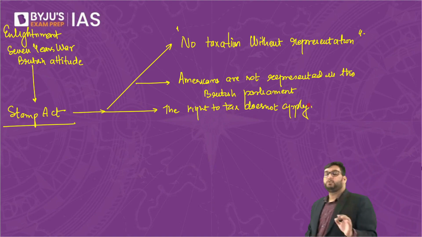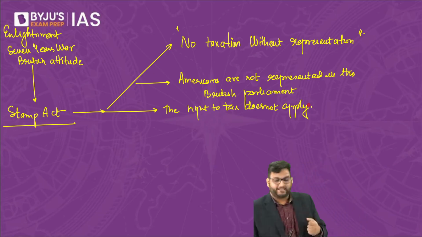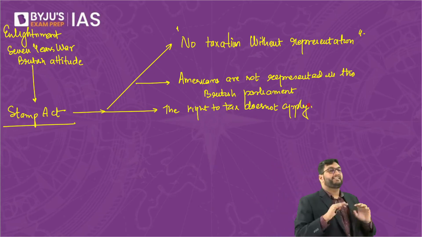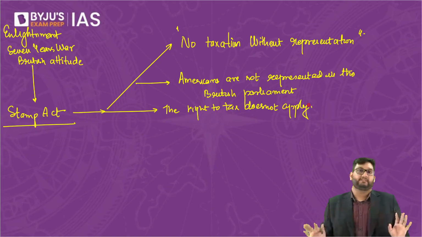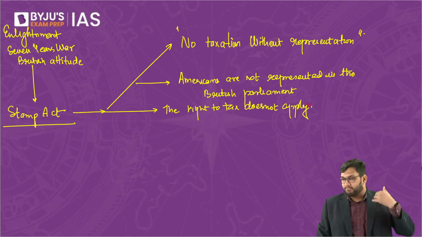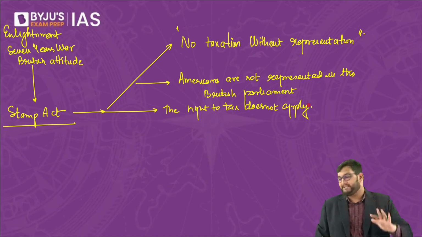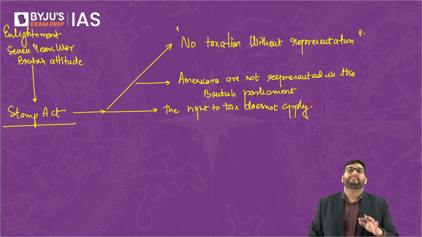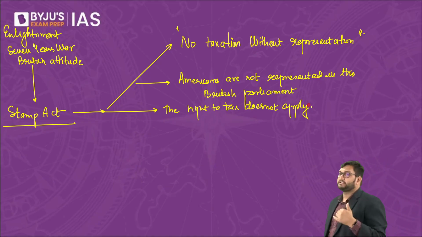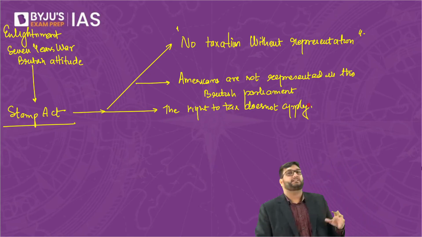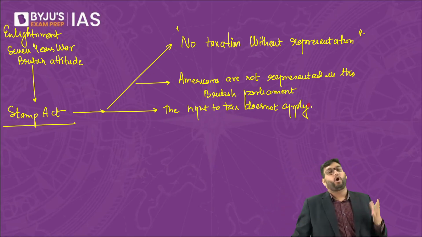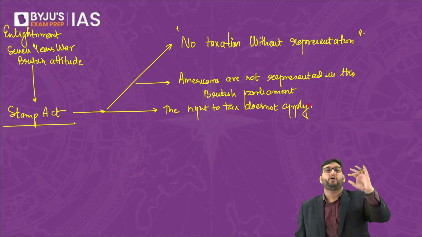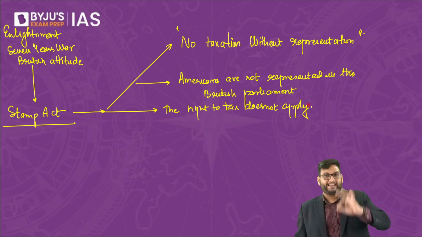Now, why do I say that this act is a blunder? Because this question was never raised previously. Merchants were the ones who were getting taxed, so nobody really cared. So today, if I say that there is an increase of 100% custom duty on all imports in India, it may or may not impact you directly.